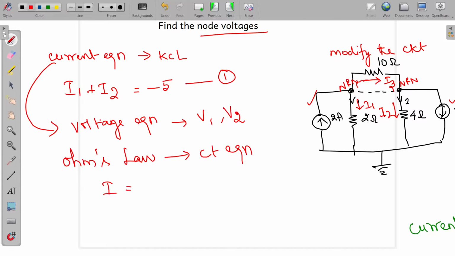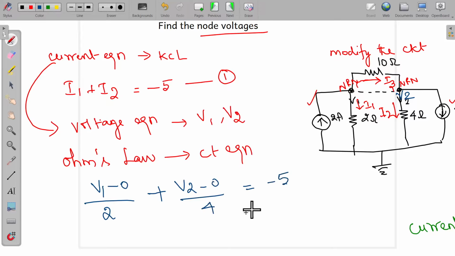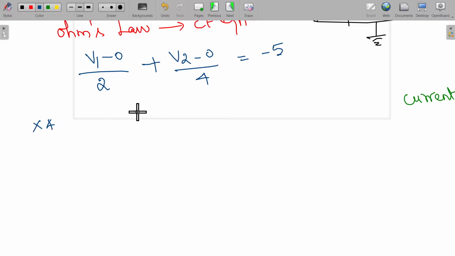I equals V by R. We can write I1 as V1 minus 0, where 0 is the reference potential, divided by that 2 ohm resistance, plus I2 can be written as V2 minus 0 divided by that 4 ohm resistance, that is equal to minus 5. Multiplying this equation by 4, we get 2V1 plus V2 equal to minus 20. Let's have this as equation number 2.